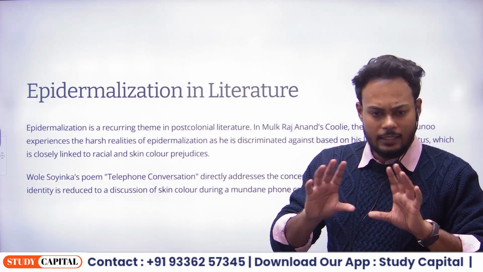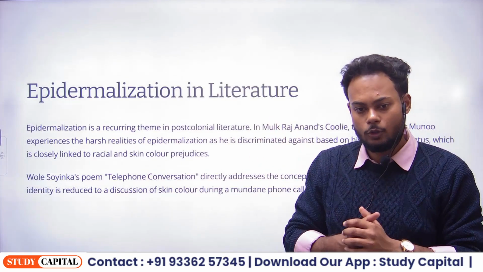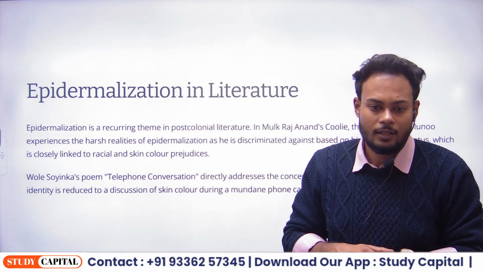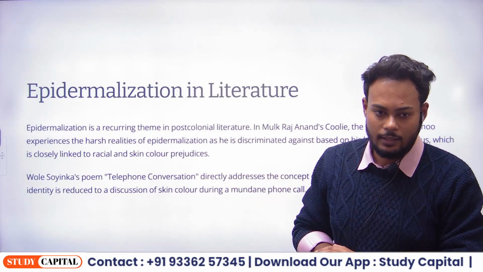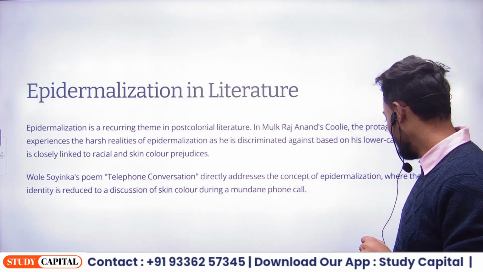Okay, it's a deeply touching, poignant poem. You should read it. So now everything about this prospective tenant becomes about the color of his skin, which is only skin deep, right? So this is an example of epidermalization, and this is Soyinka's Telephone Conversation.